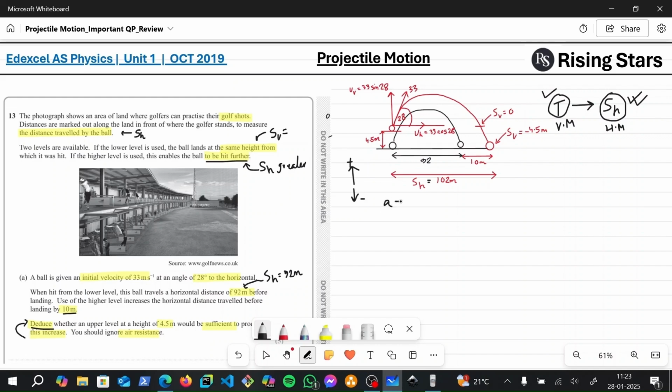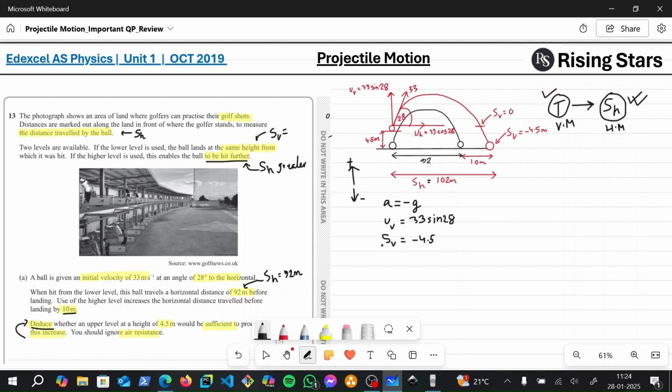Since it's vertical motion, we have acceleration, which is negative g or negative 9.81. We have the initial velocity, and the vertical component of initial velocity is 33 sine 28. And then we also know that once the upper ball hits the ground, the vertical displacement SV for that will be negative 4.5.